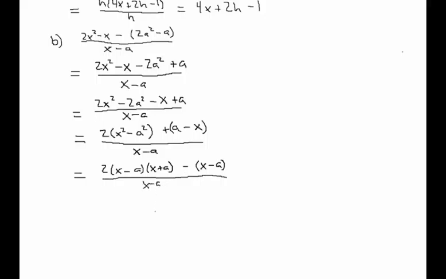And now in the numerator, we can factor out an x minus a. So we have x minus a times 2 times x plus a minus 1, all divided by x minus a.